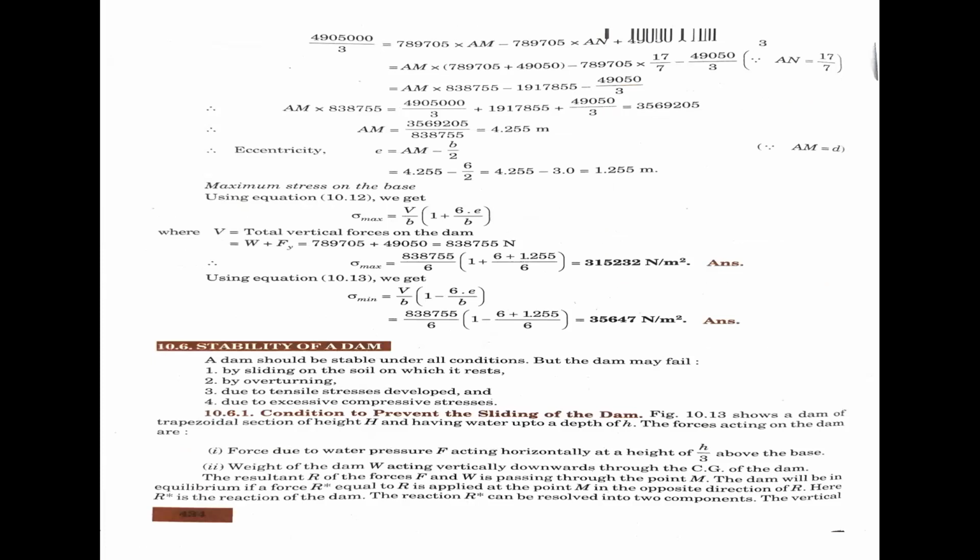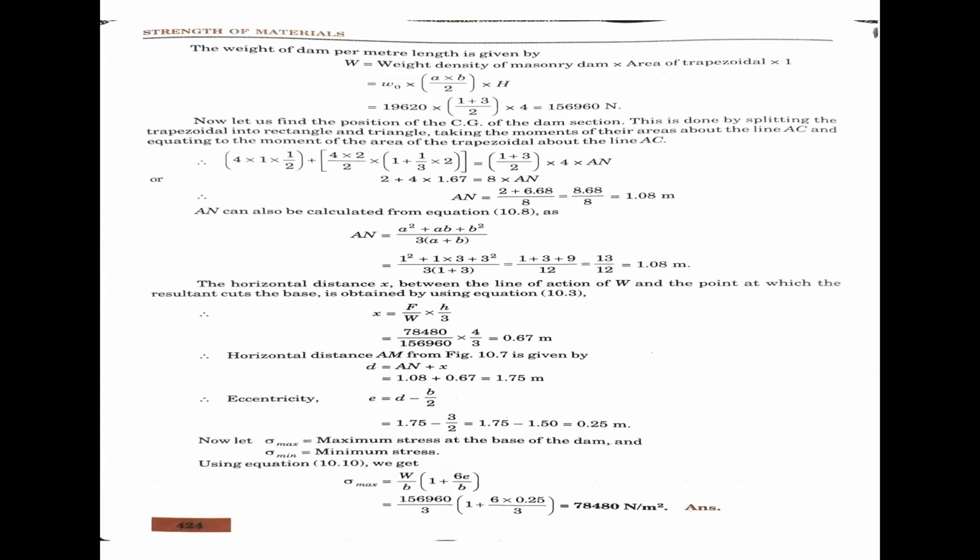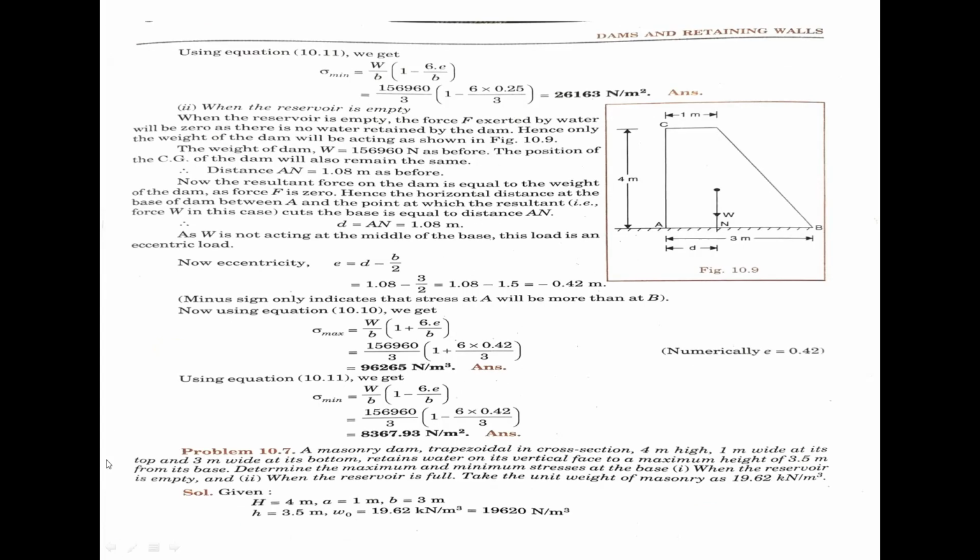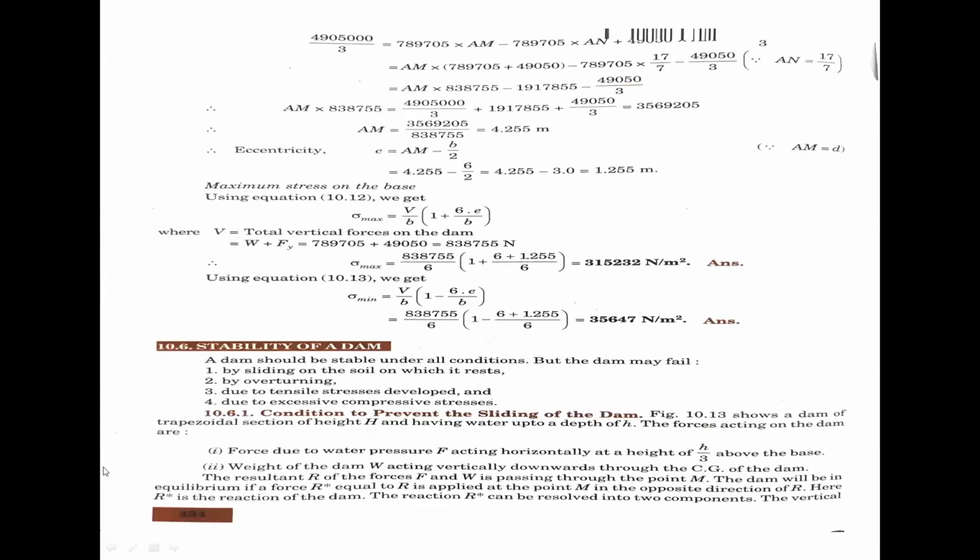See, to calculate: 490,500 by 3 equal to 789,705 into AM minus 789,705 into AM plus 49050. Okay, 49050. See AN equal to 17 by 7, and write the equation.